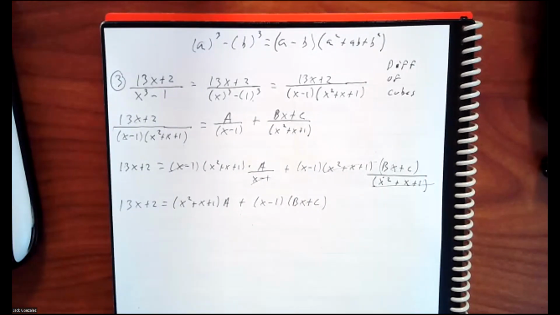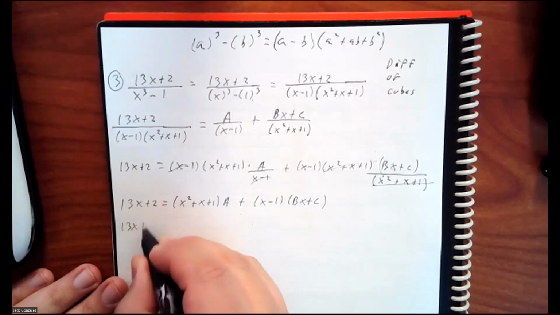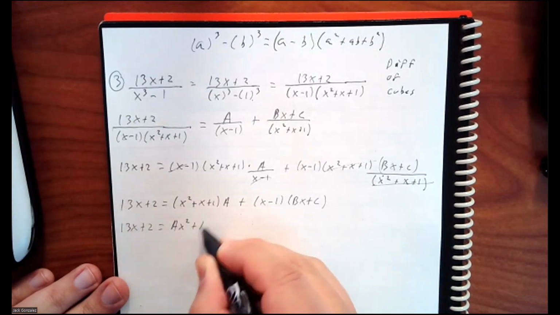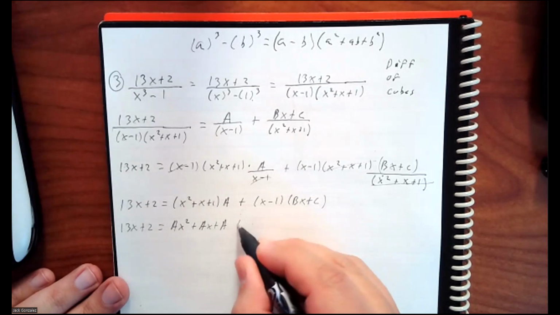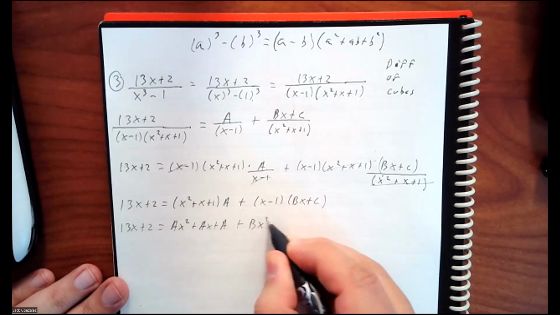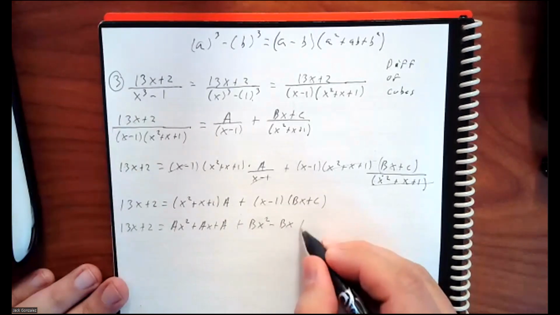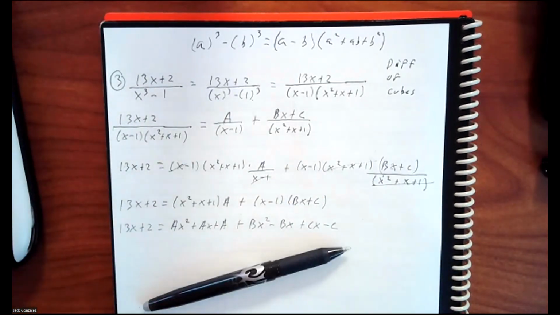All right. So we're going to distribute, collect all the quadratic, linear, and constant terms. So ax squared, ax, and a, once you distribute, this will have to be a FOIL, so you have bx squared minus bx plus cx minus c.